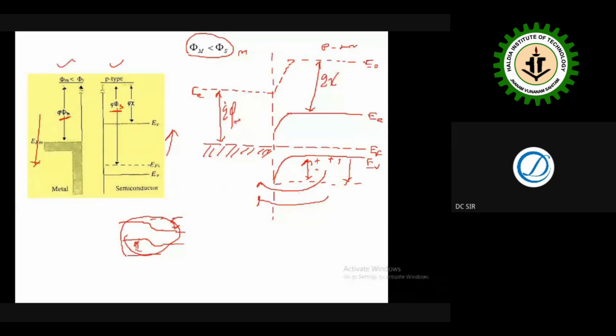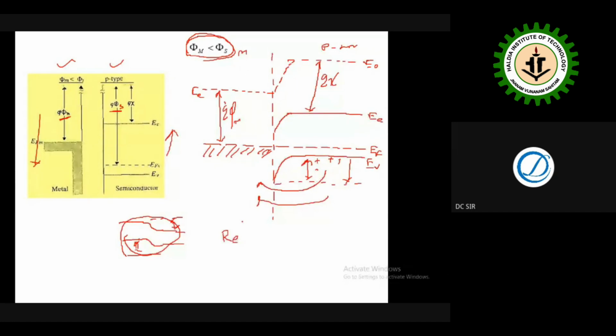So when metal and p-type semiconductor make a junction at the condition of phi m less than phi s, what happens? In the case of forward bias, current flows, and in the case of reverse bias, current is blocked, so it behaves as a rectifying contact.